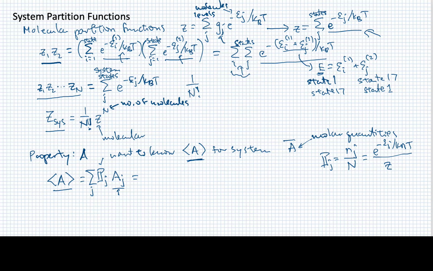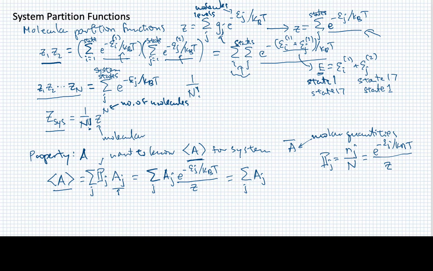I can use that to determine this average value for this property A. So in the case of a molecule, it might be that A sub j is multiplied by e to the minus epsilon j over kBT, and then I have to divide by the partition function to make that a probability. All right, so we can do the same for a system if we simply do it this way.